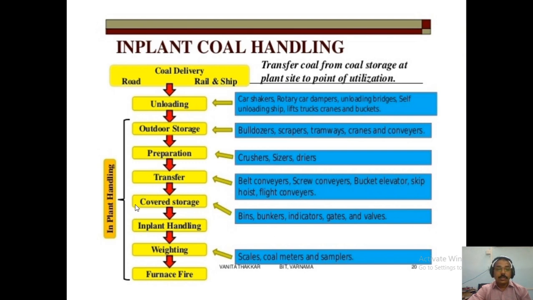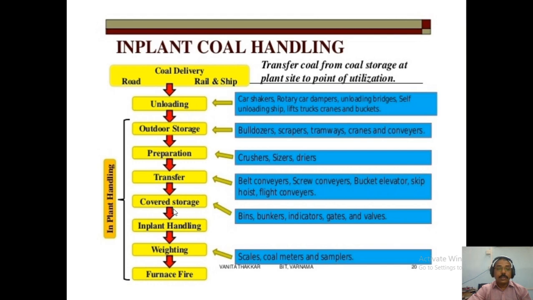All this prepared coal is stored in covered storage, such as bunkers, bins, gates, and vaults. Then from the covered storage it is passed to the furnaces through in-plant handling.